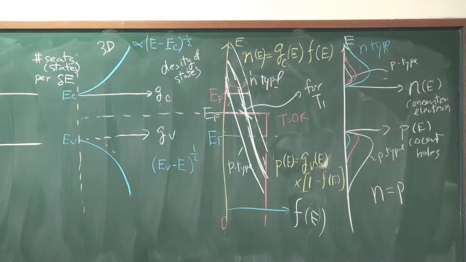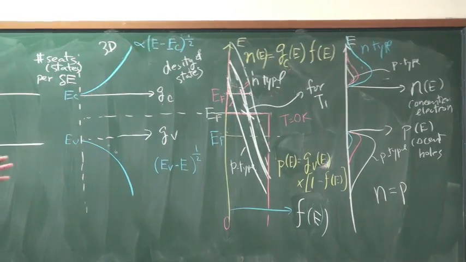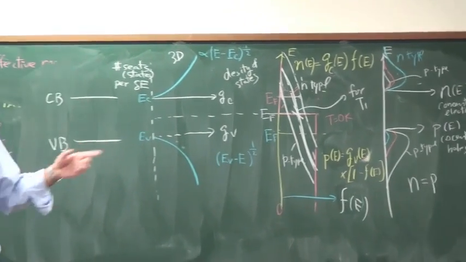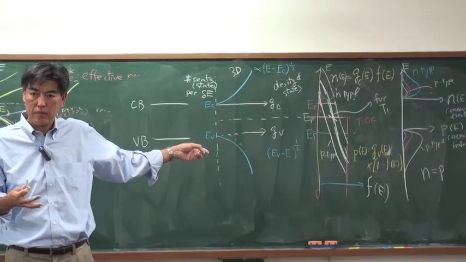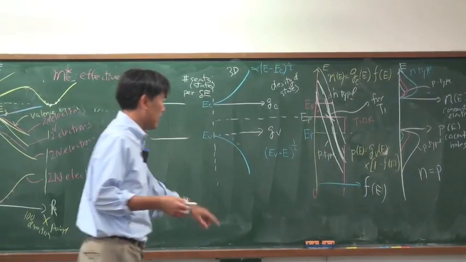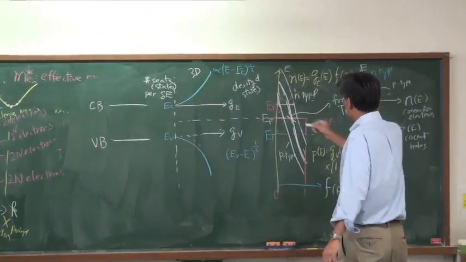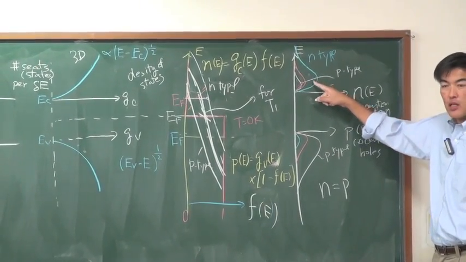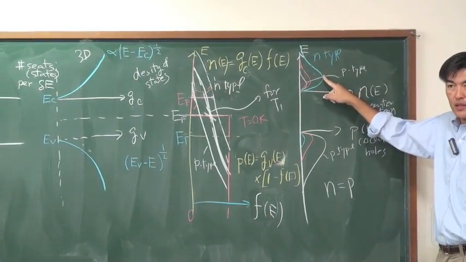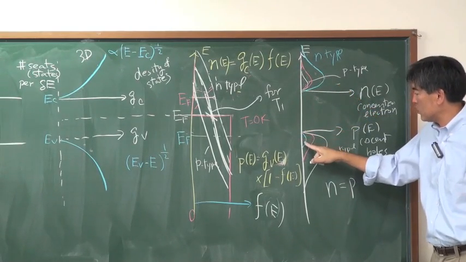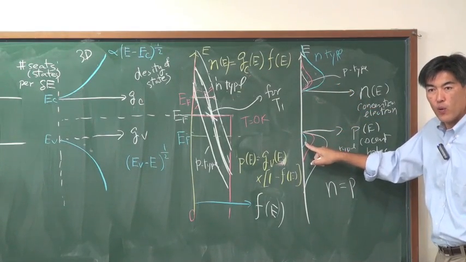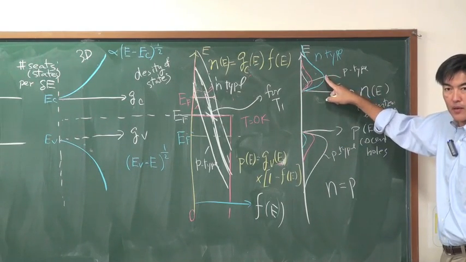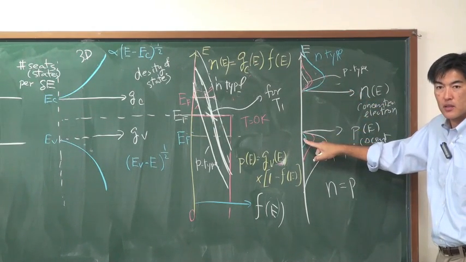So by introducing donors, phosphorus, we can introduce more electrons. By introducing acceptors, we can introduce more holes. However, as you can see, because the Fermi function is an exponential function, it is impossible to create electrons only. There's always this small tail that creates holes in n-type semiconductors. So this is called majority carriers, and this is called minority carriers.